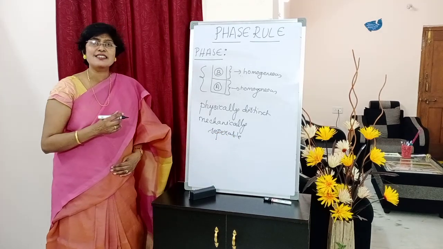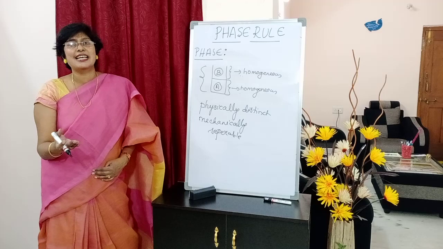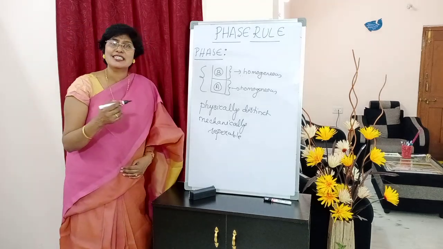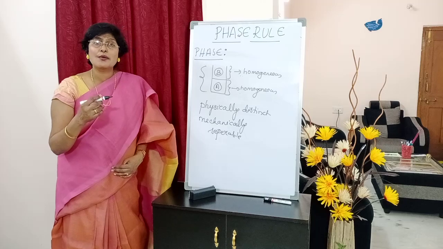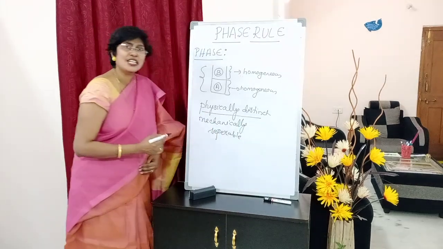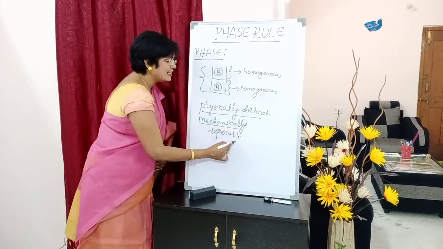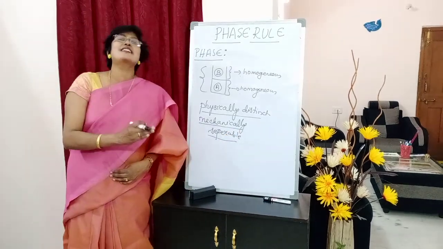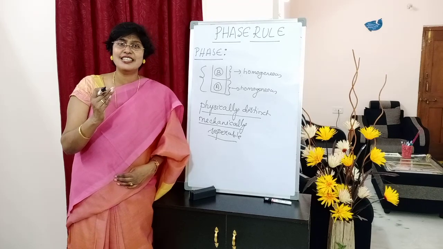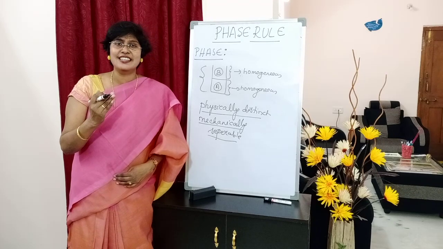Mechanically separable means we can separate them easily. Any heterogeneous system has two or more homogeneous parts which are physically distinct and mechanically separable, and these are called phases. Okay students, hope I made it clear, right?